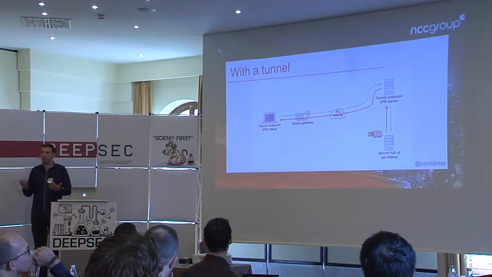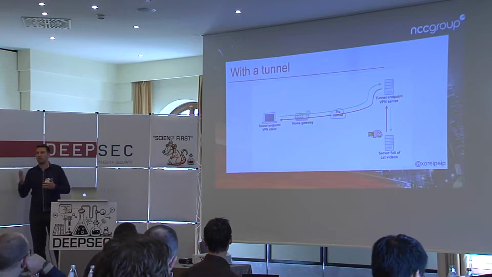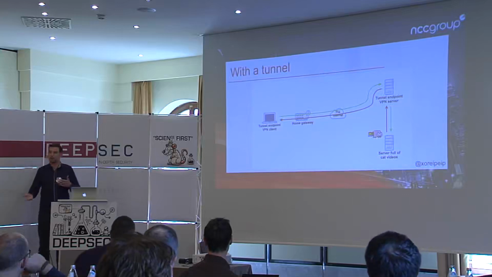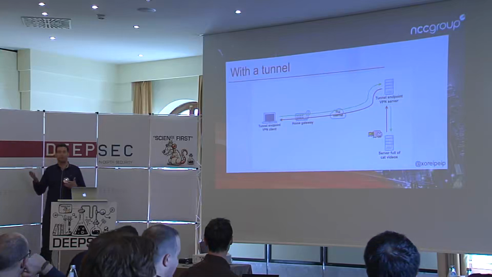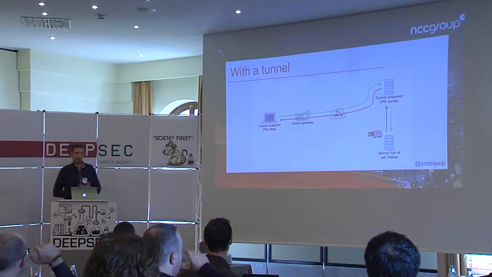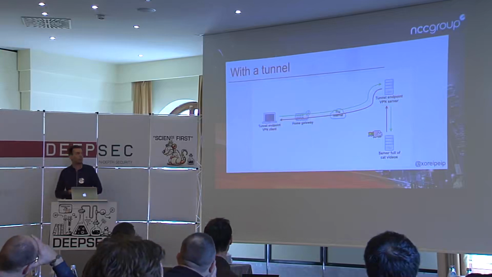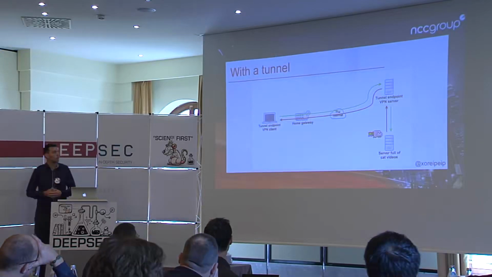Whenever you want to download your cat videos, you first go to the tunnel server, your VPN server, you send all the data there, and it will forward your data to the server. Whenever there is an answer, the data is sent back to the VPN server first, and then to the tunnel endpoint over the tunnel. That way, between you and your VPN server, the data will be encrypted if your VPN solution supports encryption.